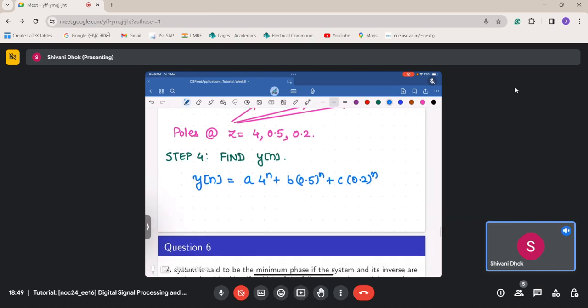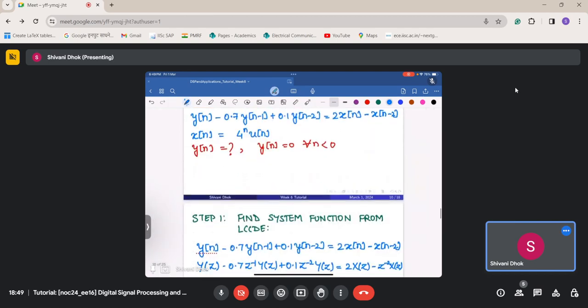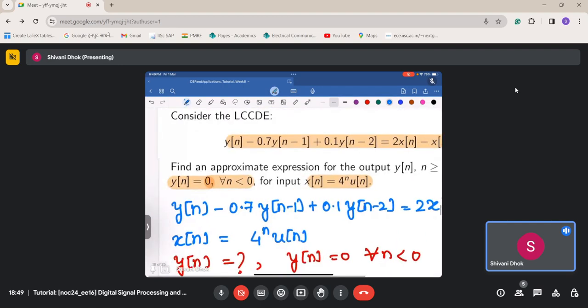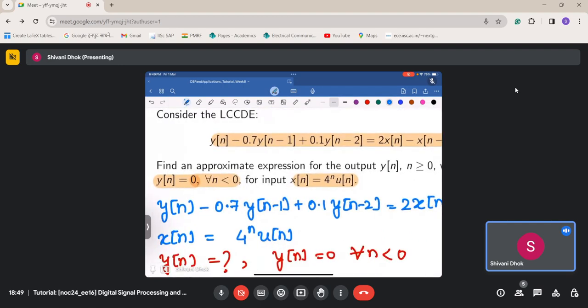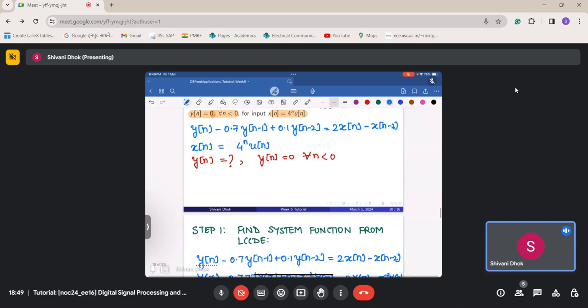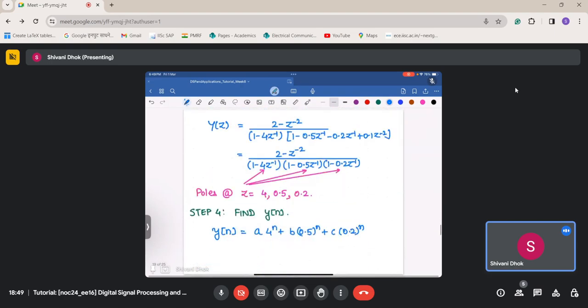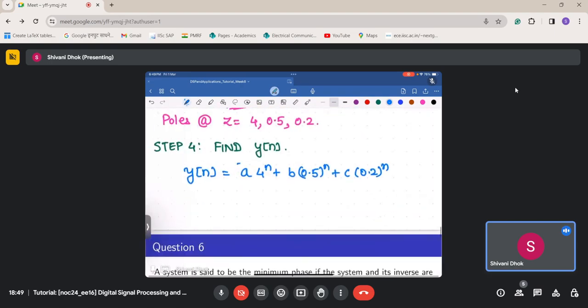And another thing that is given to us is this y of n is equal to 0 for all values of n less than 0. So in order to indicate that y of n is 0 for all values of n less than 0, I'll just write a u of n here.